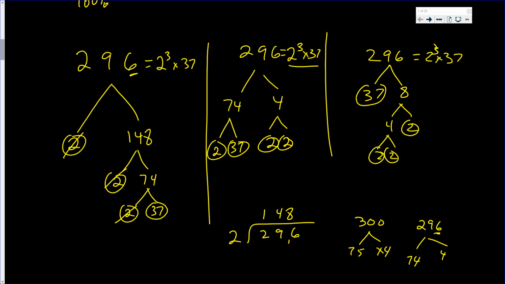Okay, in all 3 cases, we got the same answer. Let us try one more number. Suppose we have 300. These are not unique steps. People can arrive at the same answer up here, but use different steps.